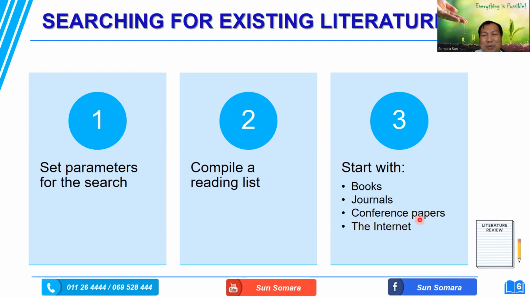Conference papers as well: you can get them from the proceedings, where they compile abstracts and documents from the conference. Like CamTextile, they may come up with some publication or proceeding that they compile, and then we can also quote from those things.